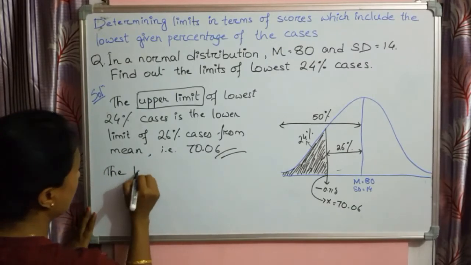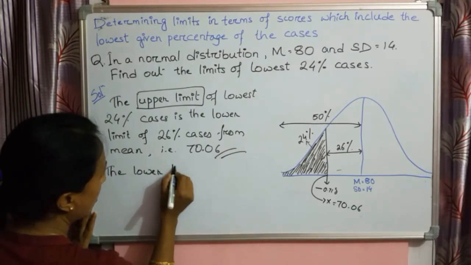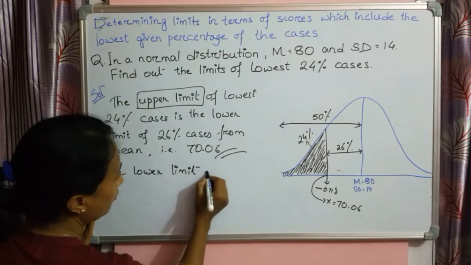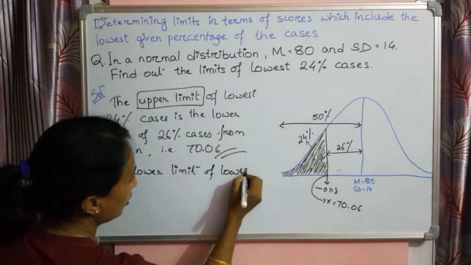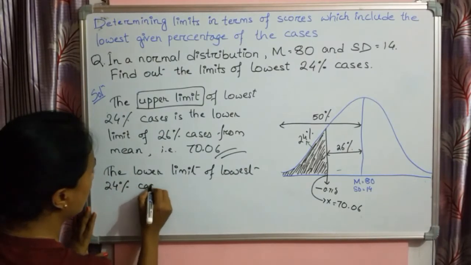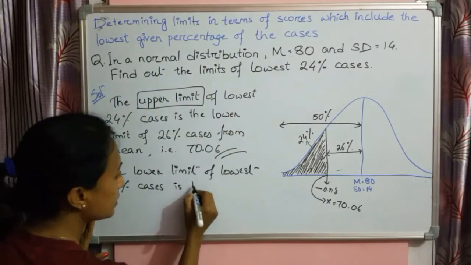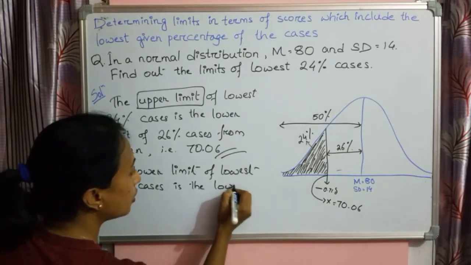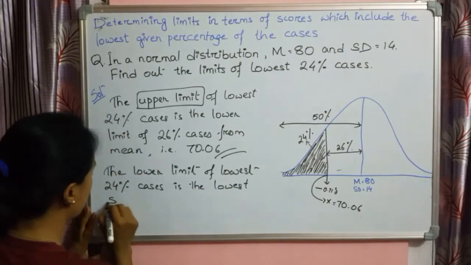Now, about the lower limit, what will we write? The lower limit of the lowest 24% cases is the lowest score.